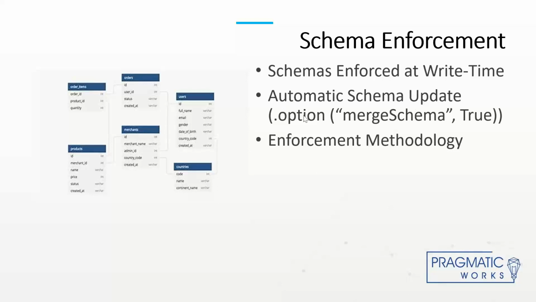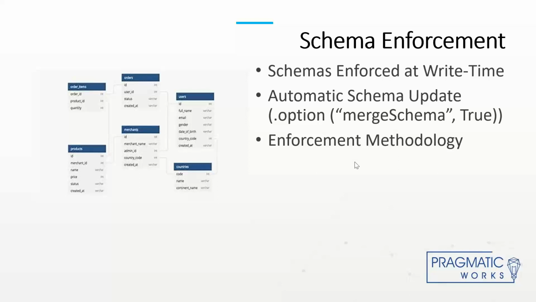But if you don't have that turned on, your schemas are enforced at write time. So in other words, you can't have any data that has different data types, or different columns, or different name columns, anything like that. It will actually throw an exception if you try to write that data to a Delta table.